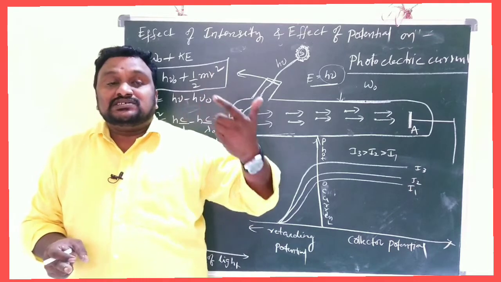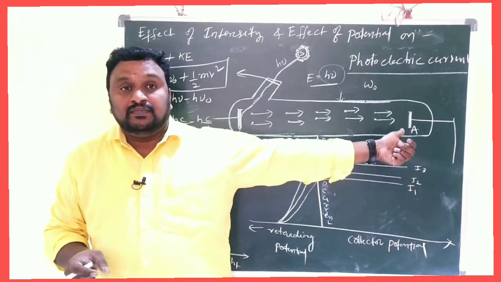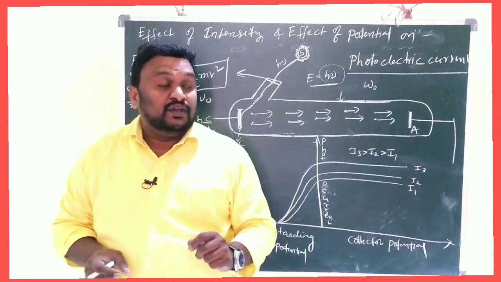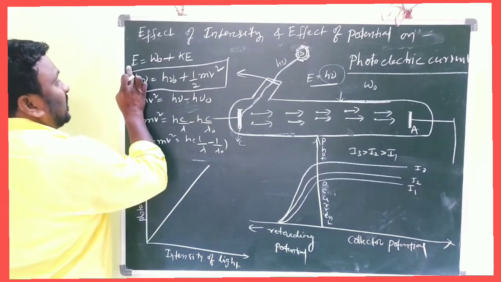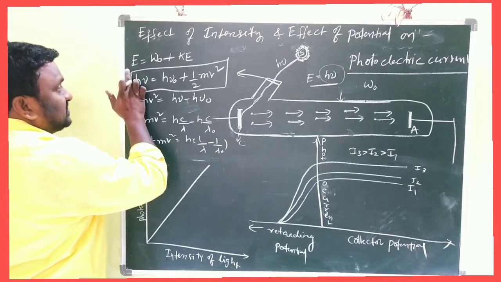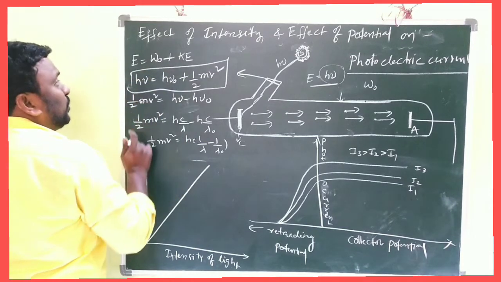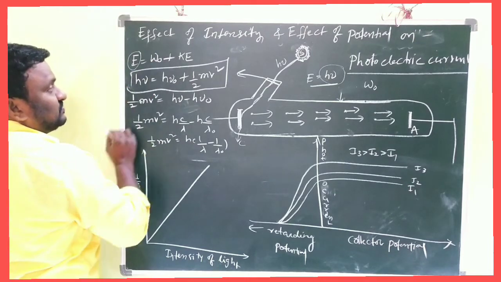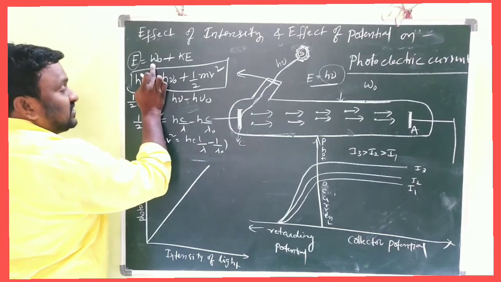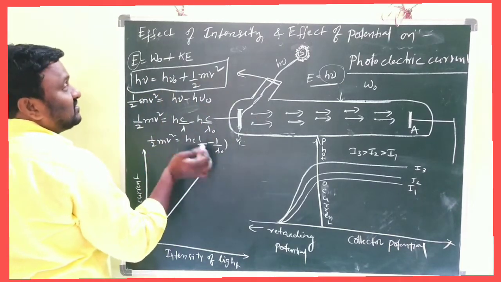When the electrons gain the energy, only then do they move from C to A. So according to Einstein's concept, he gave one equation: E is equal to W naught plus KE. The energy that is incident should be equal to the sum of the work function and the kinetic energy of electrons.